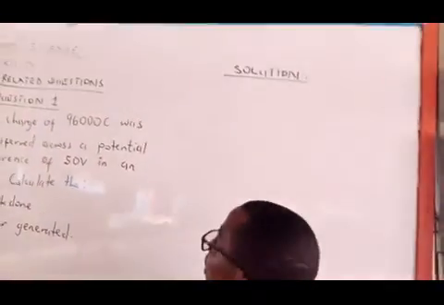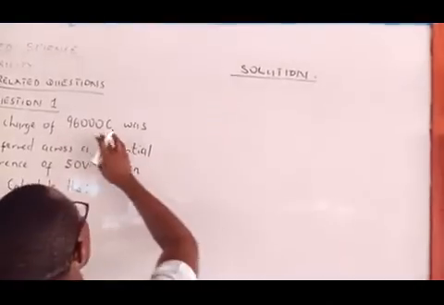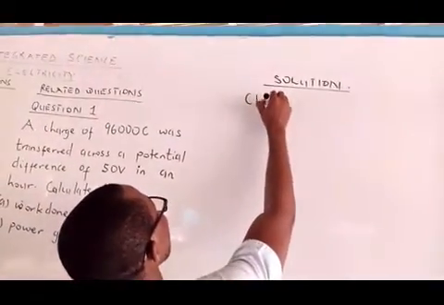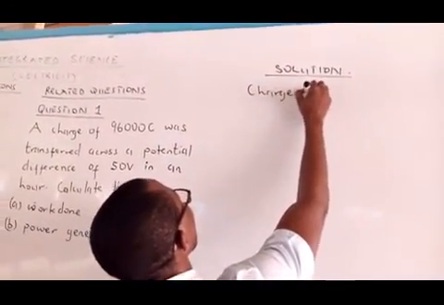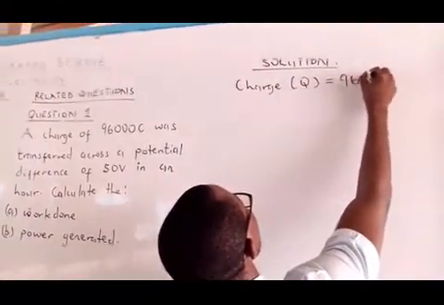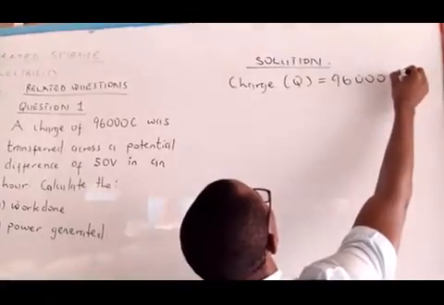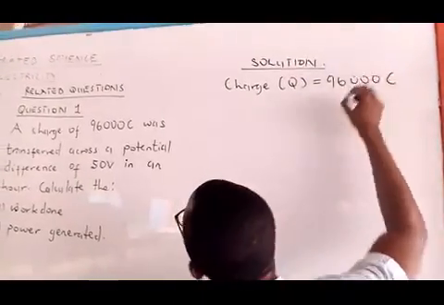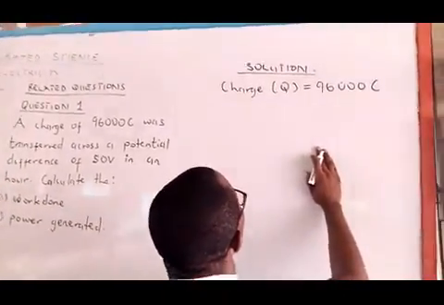From the information, we were given a charge. Charge Q is 96,000 coulomb. So that's the unit of charge, coulomb.